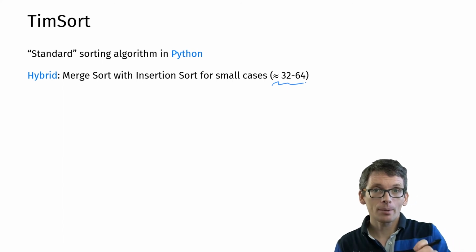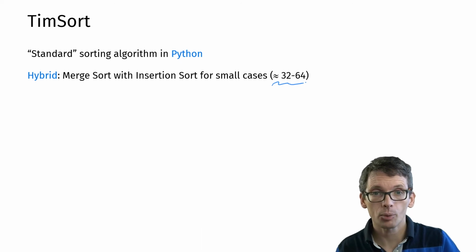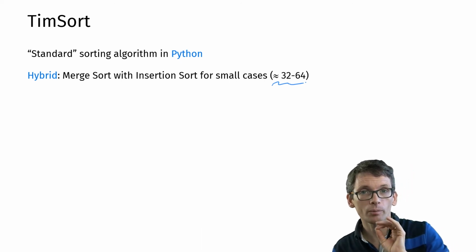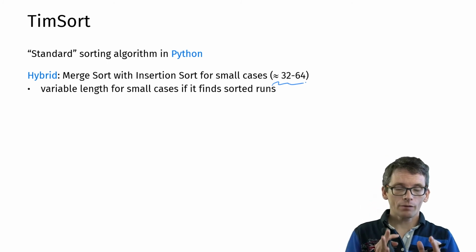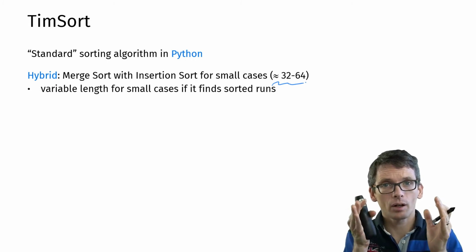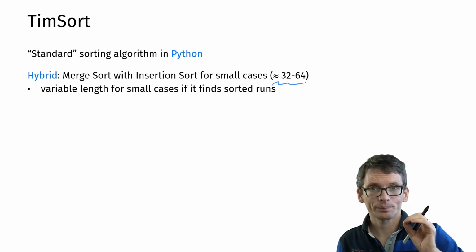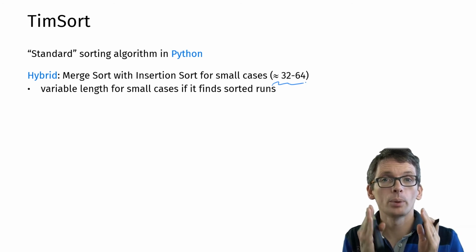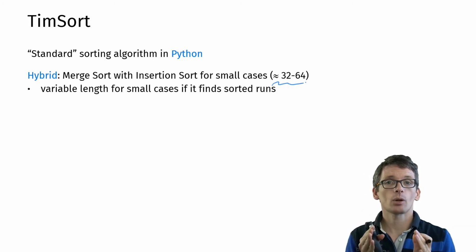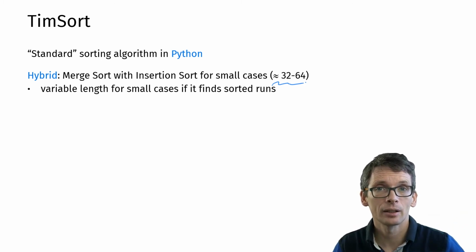I'm saying it's not a fixed size because in this algorithm, there are more tricks to make it fast in practice, and I would just want to briefly touch upon them. One is that we're actually not fixing the size of where we move to insertion sort. The reason being, insertion sort obviously works brilliantly if the array is already sorted, because it simply runs through it and doesn't have to do anything.